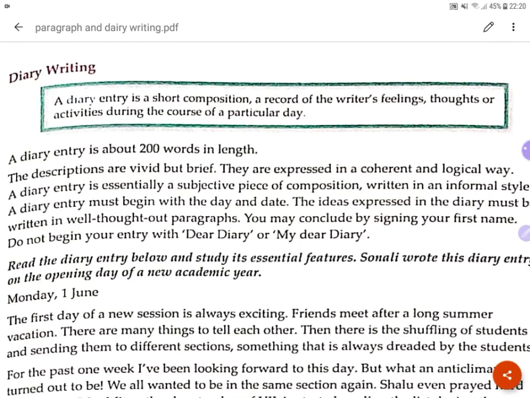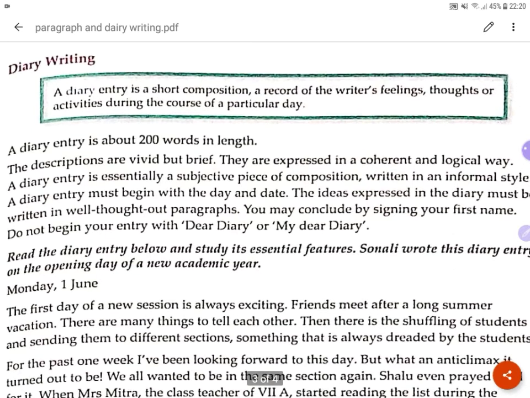Conclude means finish. You can finish by assigning your first name. You don't have to write as you do when writing a letter to your teacher or anyone, where you write your name, class, section, roll number and all that, right? So in diary writing you can do a signature at the last when you are concluding the diary.